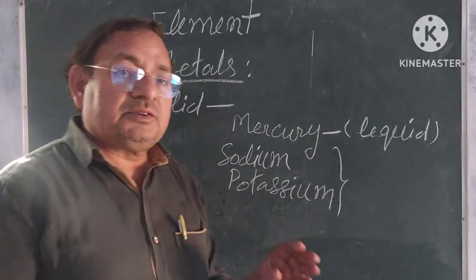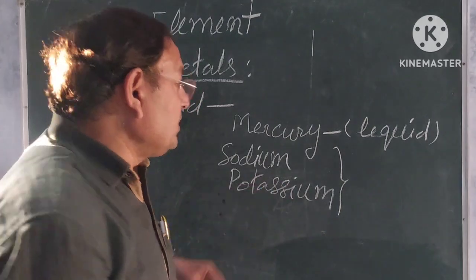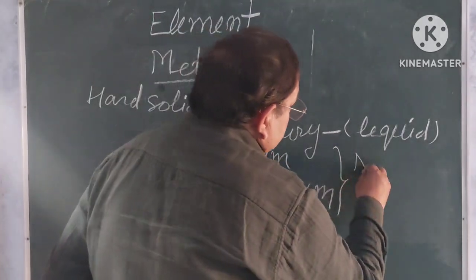These metals are soft. Mercury is found in the liquid state. Sodium symbol Na.